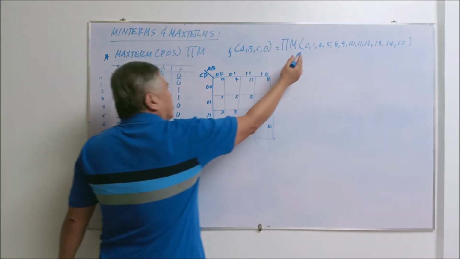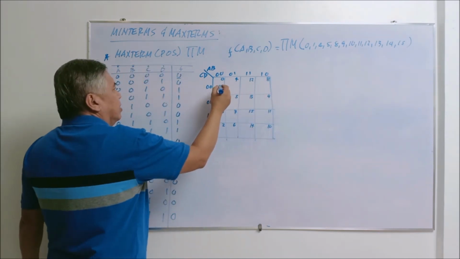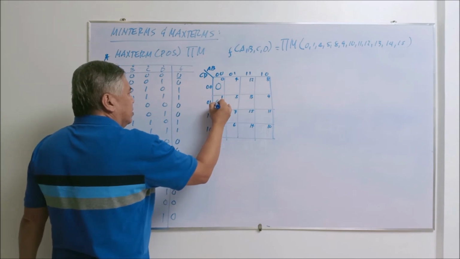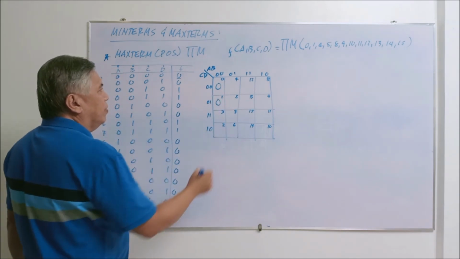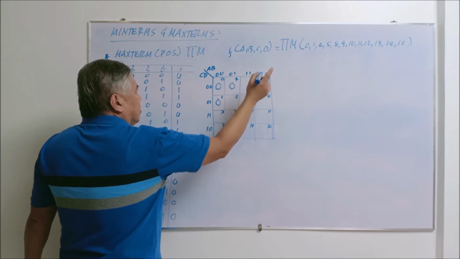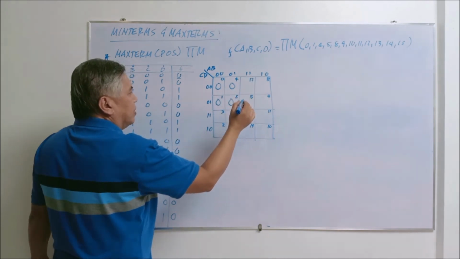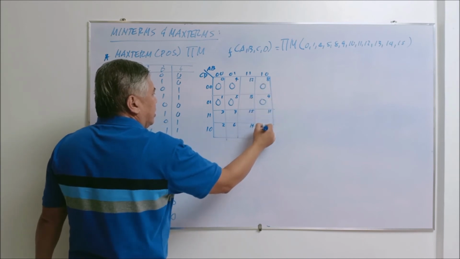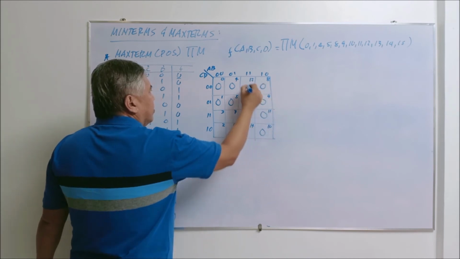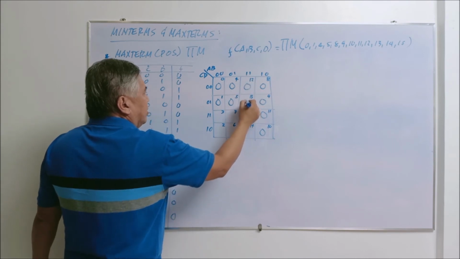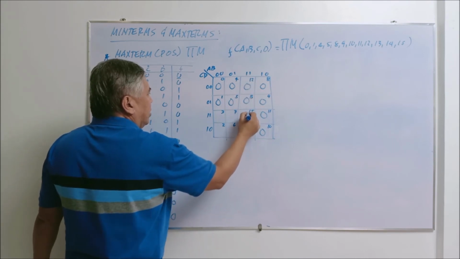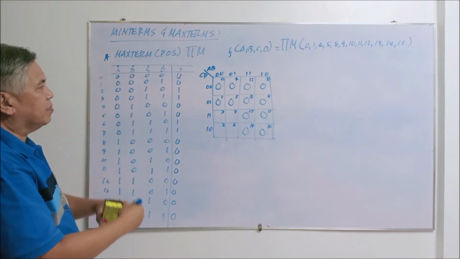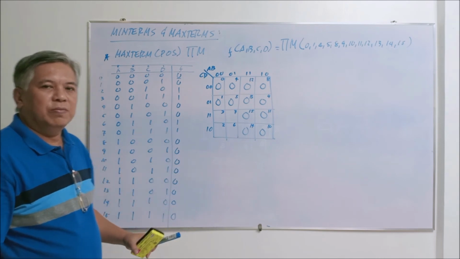So, 0 and 1 is Maxterm, so you put 0 here, not 1 but 0. 0, 1, then 4, 5, 8, 9, 10, 11, 12, 13, 14, and 15. So that will be our location of the Maxterm.